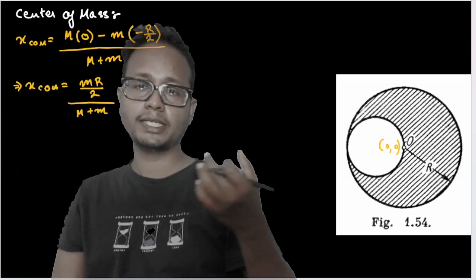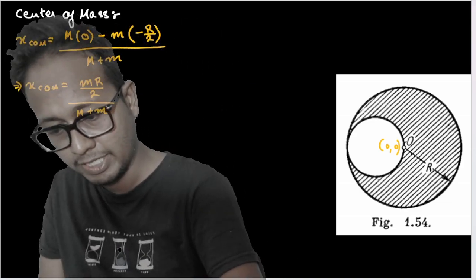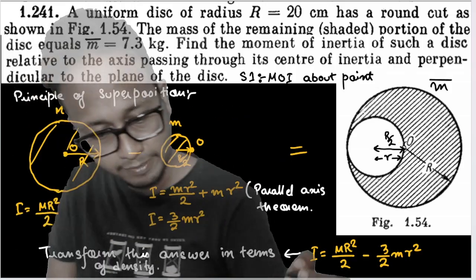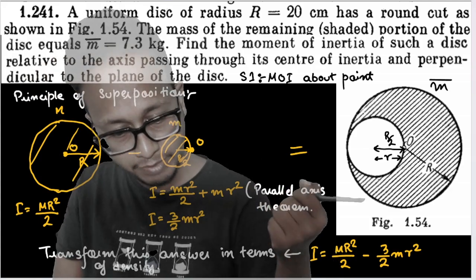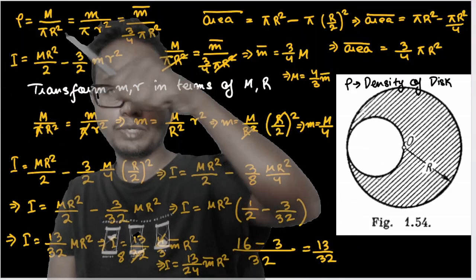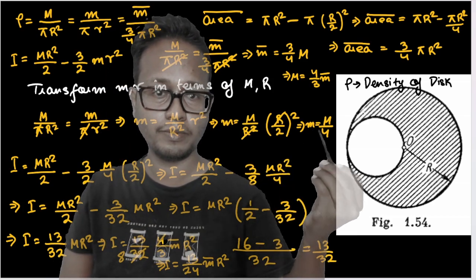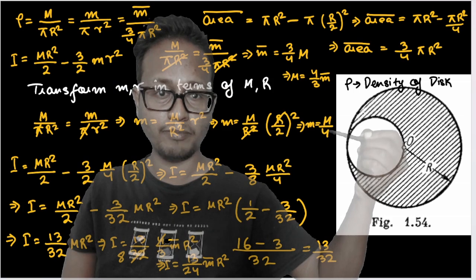Now let us convert this entire small m into capital M. The relation between small m and capital M is from these two equations: small m is equal to capital M by 4. Look out here, small m is equal to capital M by 4.